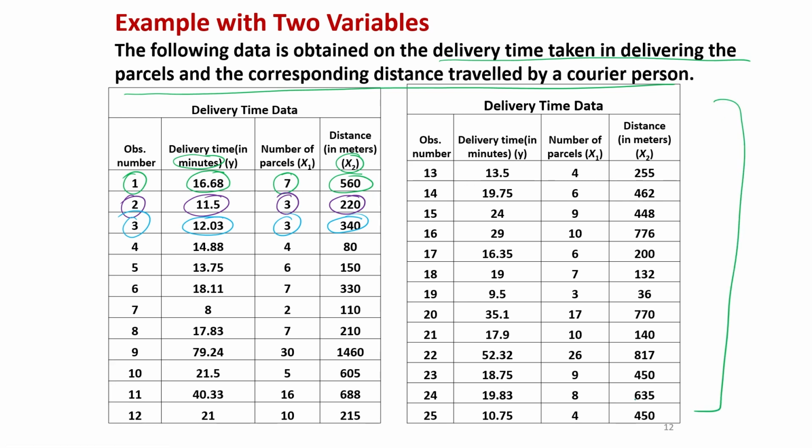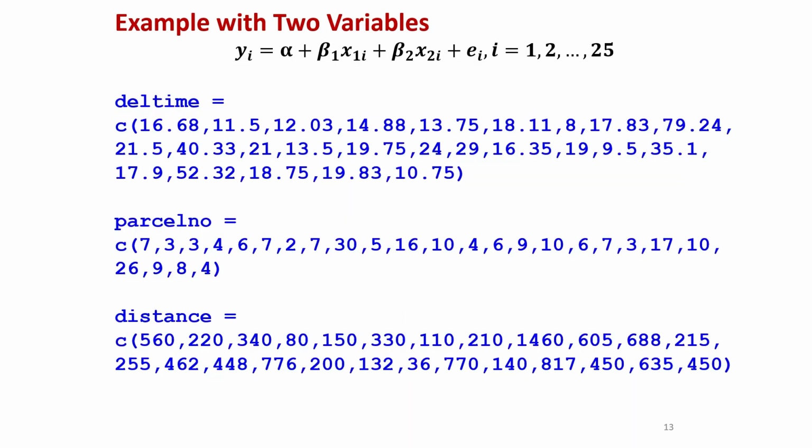So now we will store all this data into 3 data vectors, and for that the model will become yi equals alpha plus beta 1 x1i plus beta 2 x2i plus ei, where i goes from 1 to 25. So yi will be the delivery time, which I am storing in a data vector, say deltime. Then x1 is the number of parcels delivered, so I store it as parcelno, that means number of parcels, and the second input variable is distance.